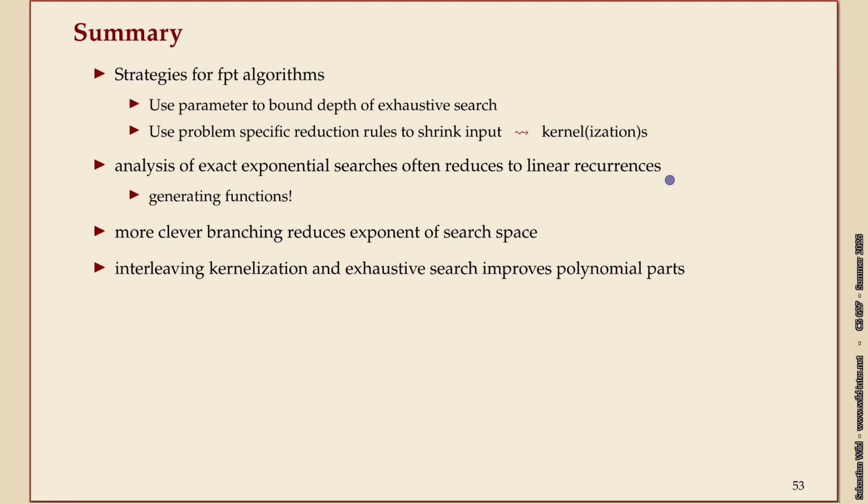And we've seen how we can analyze the resulting algorithms. Now again, generating functions are pretty cool, but if you don't love them just as much as I do, you can use the black box theorems. And all you really need is the characteristic polynomial. And interleaving gives this last twist that really the exponential search is all there is in terms of the dominant cost.